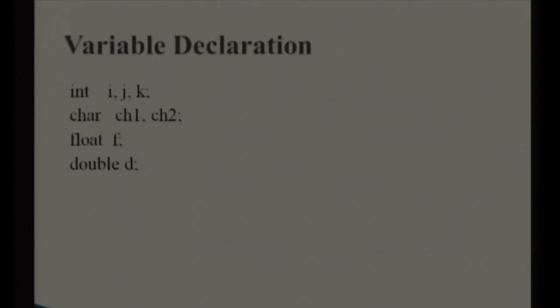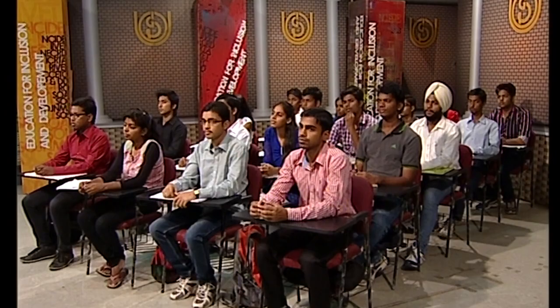Now, declaration of the variables, how do we declare variables? The syntax is that we write the data type, then the name of the variables. More than one variable you can declare by separating them with a comma. On this screen, what you can see is integer variables are declared.